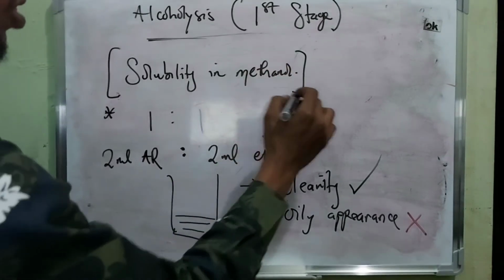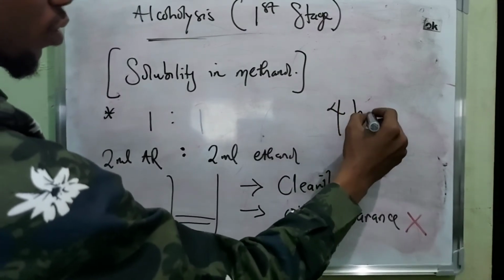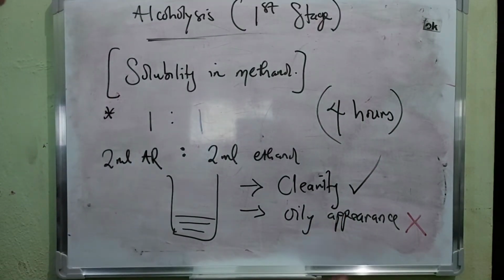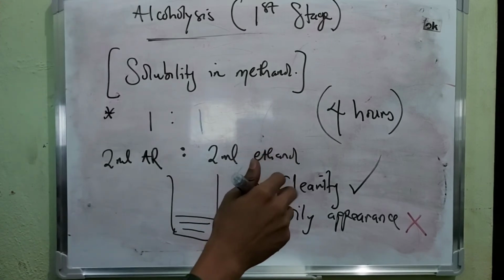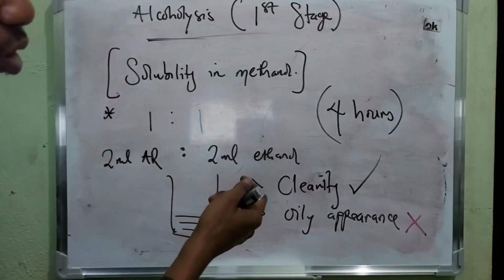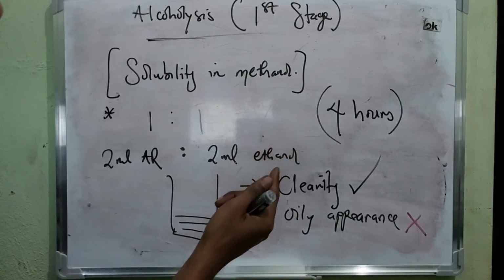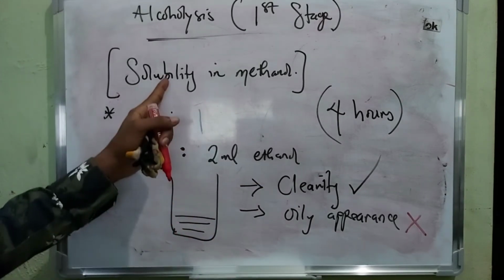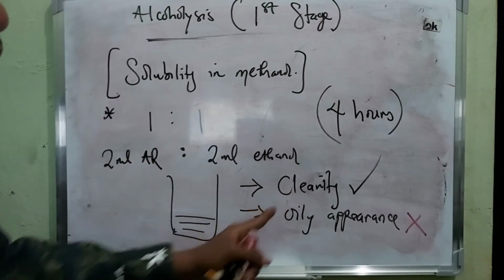And bear in mind that the first stage should last a maximum of 4 hours. It is a very slow, tedious, and violent process, but you need to keep monitoring the heat. If at some point it's getting too exothermic, you have to reduce the heating mantle or the mechanical stirrer and increase it later on again, until the alkyd resin is soluble in a 1:1 ratio of ethanol and clear enough.